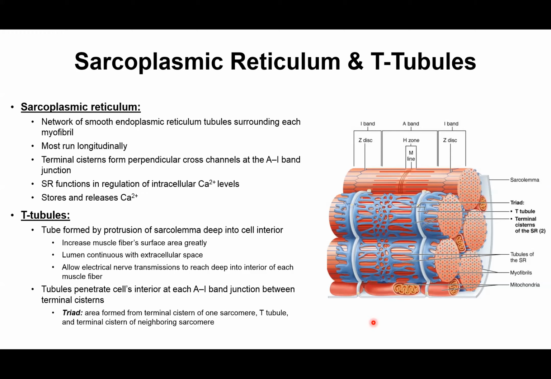The T-tubules' site of penetration is at the A-I band junction, between the terminal cisterns, okay? And so, again, the terminal cisterns, let's see if I can get my pen out. Okay.